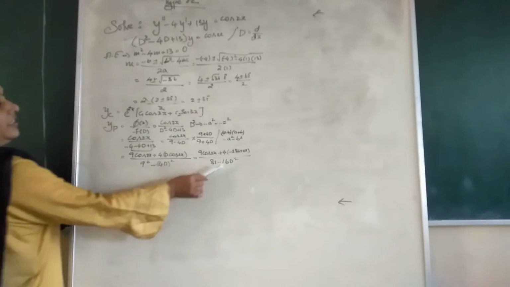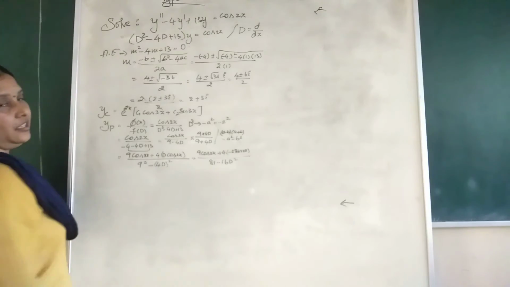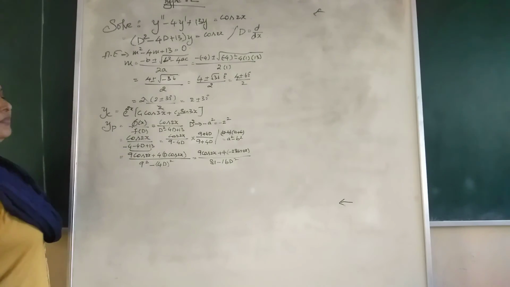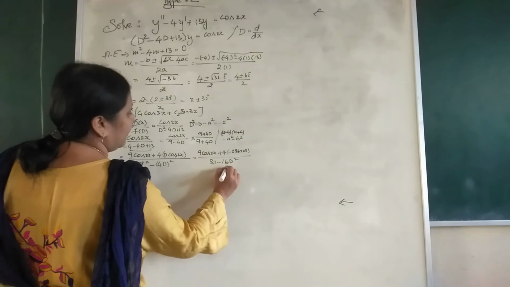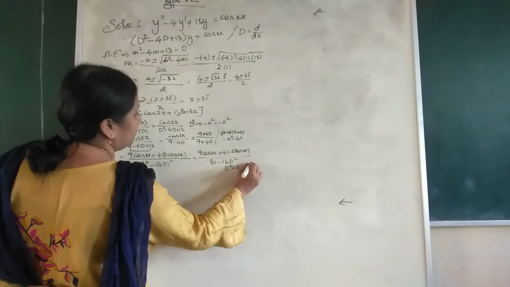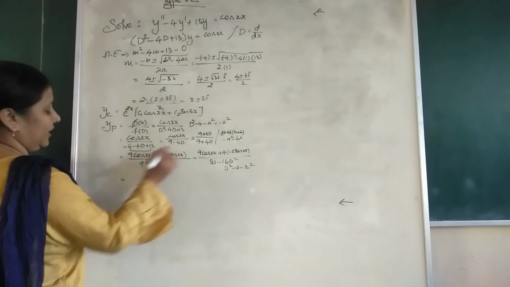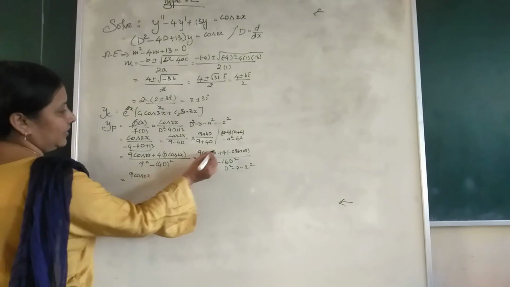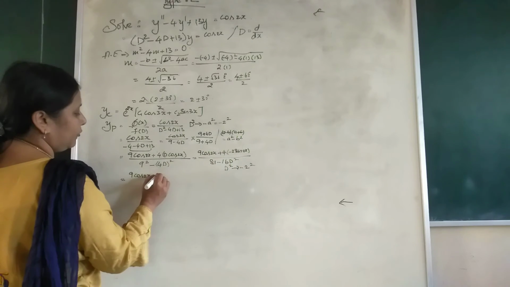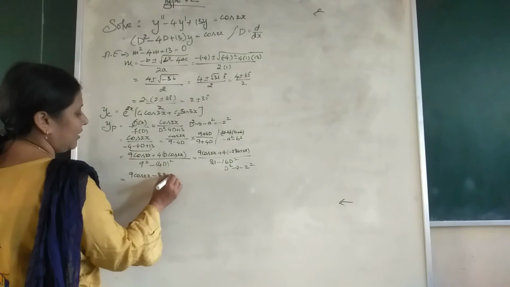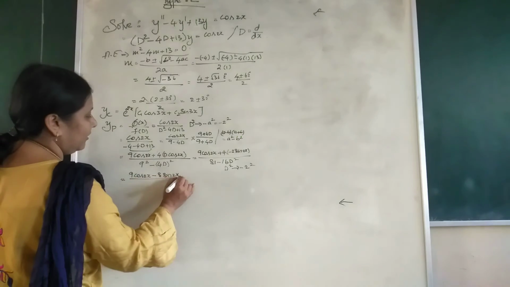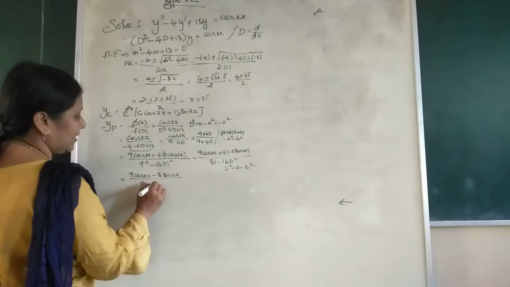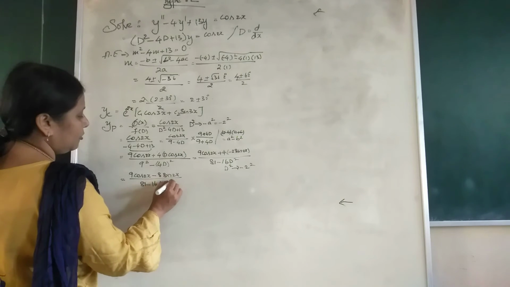Now again, it is the second format of D, where a is nothing but the coefficient of x in the trigonometric form, that is 2. So D square is being replaced by minus 2 square. So applying this in the particular integral, we have 9 cos 2x as it is, plus into minus is minus, 4 twos are 8 sin 2x as it is, the numerator divided by, in the denominator it's going to become 81 minus 16 times minus 2 square.